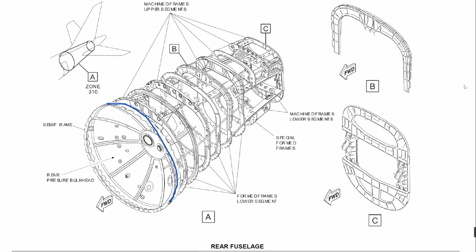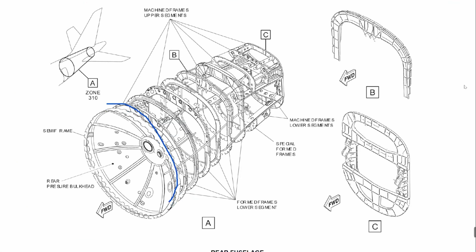And as you can see, we have changing here of the shape of the fuselage, and in this area we have these machined frame upper segments, which are really specific. For every frame we have specific frames, once again because the shape and the size, of course, of the structure is changing.